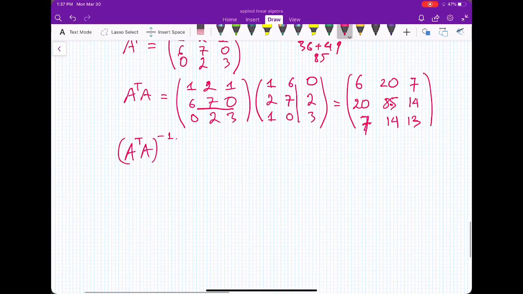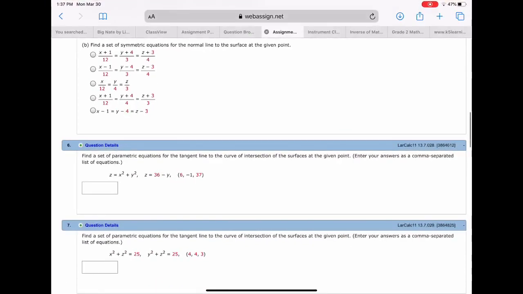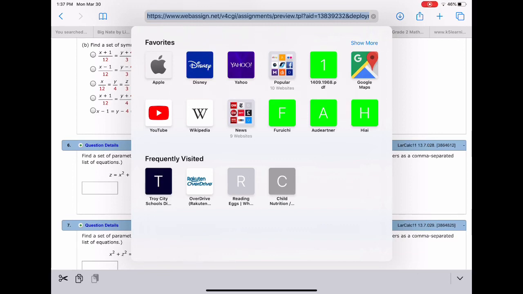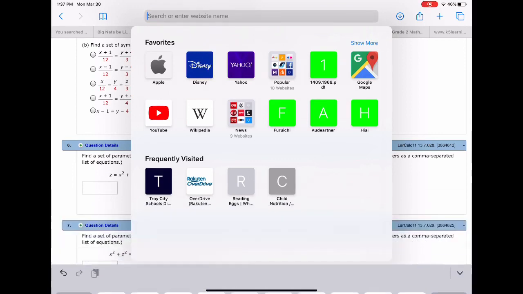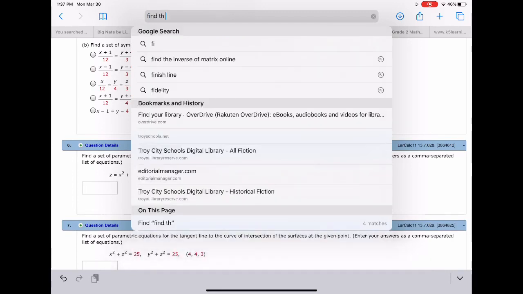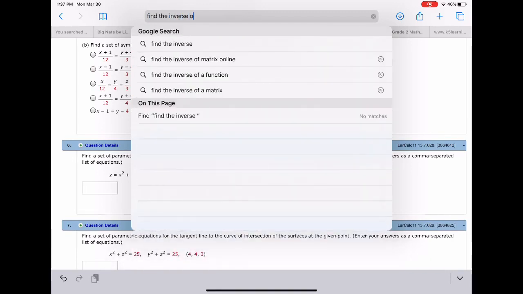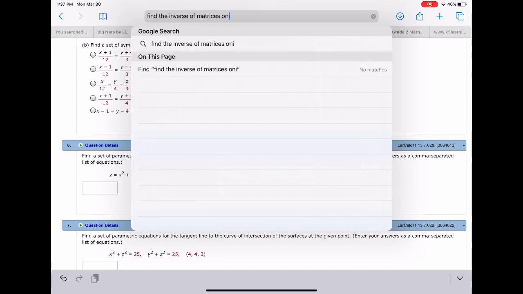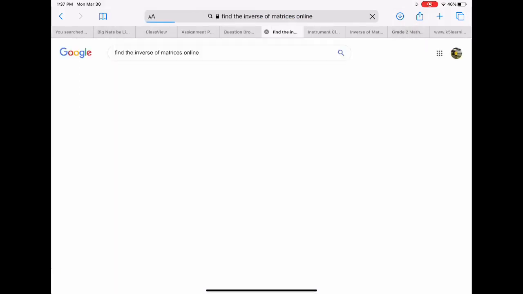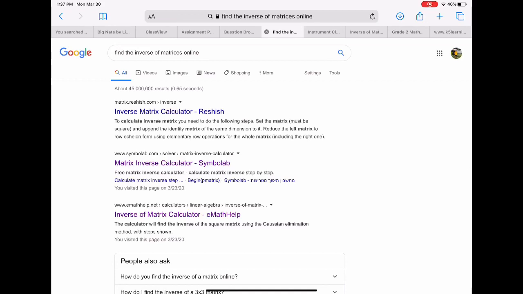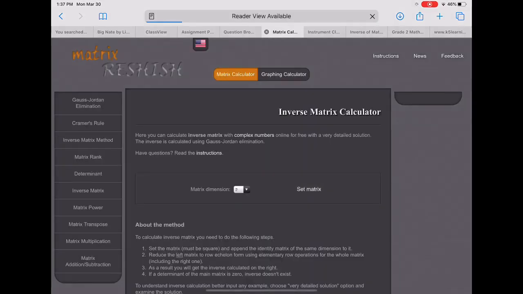So I go to the internet. I find matrix inverse. Find the inverse of matrices online. Inverse matrix calculator.